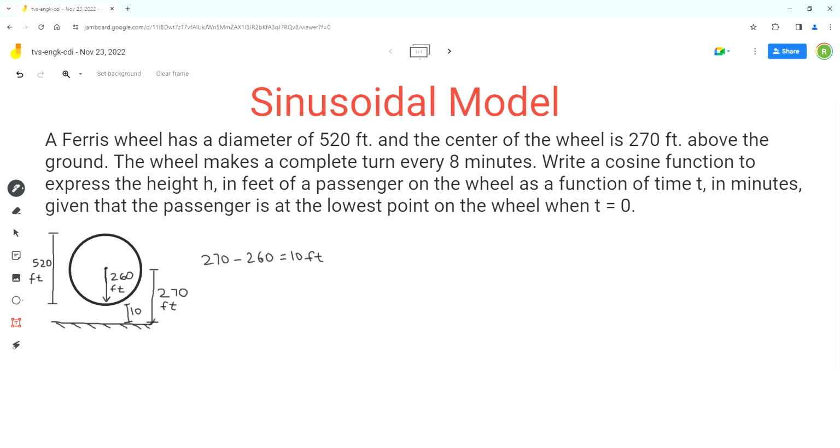Now we have to write the cosine function for the height of the passenger. So we'll start by writing the general equation of a transformed cosine function. So the general equation can be written as follows.